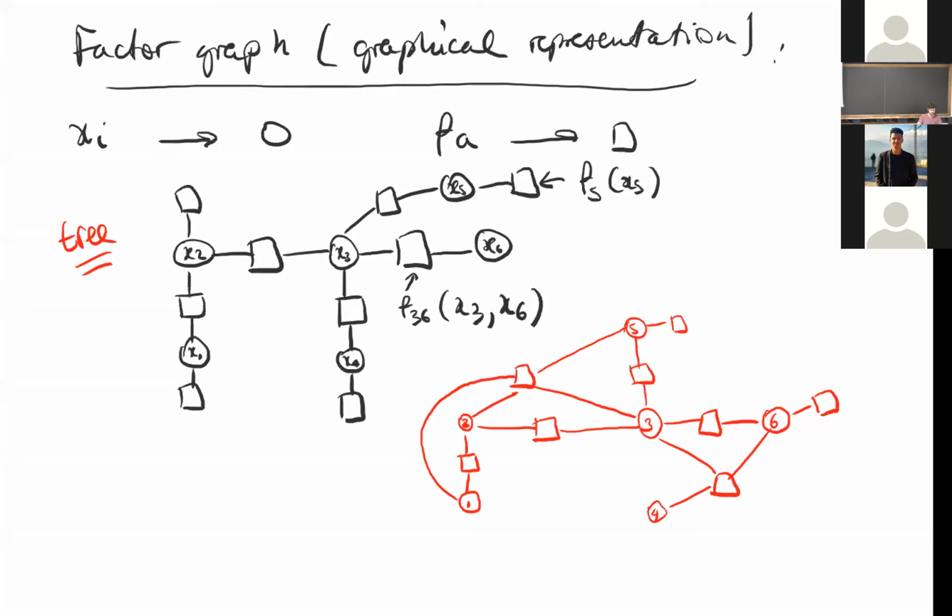So it's an Ising model, but not anymore with just pairwise interactions. You have also 3-body interactions, even 4-body interactions.